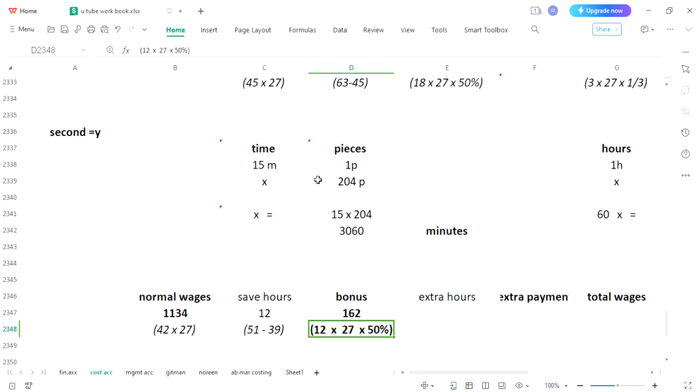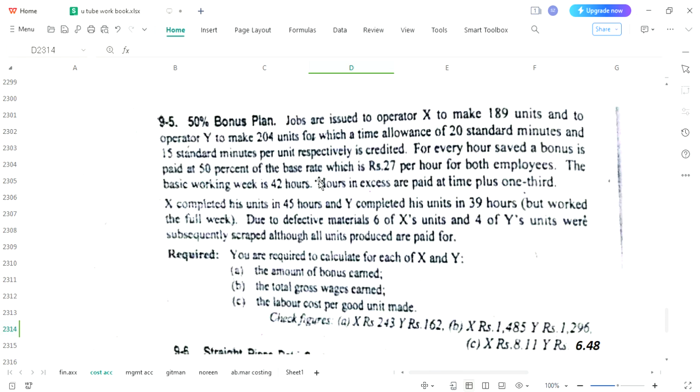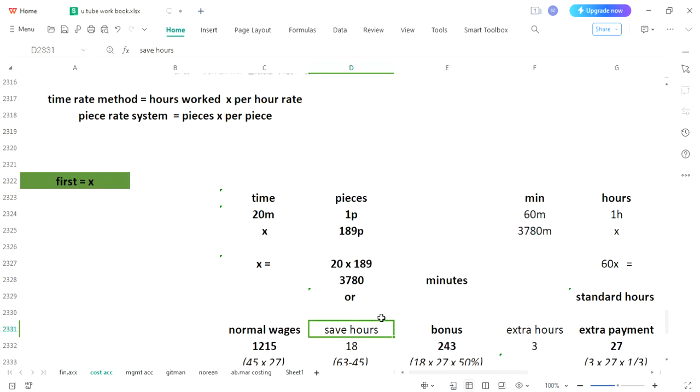In this way you have calculated the amount of bonus as well. The answer is 162.